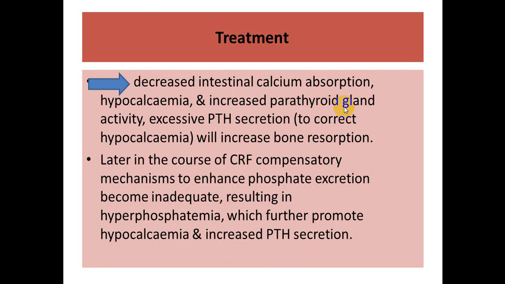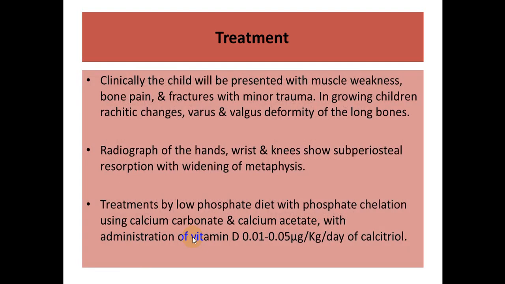There is an increase in parathyroid gland activity, with excessive parathyroid secretion leading to bone resorption. This is a vicious circle in chronic renal failure: the compensatory mechanism of enhanced phosphate excretion becomes inadequate, resulting in hyperphosphatemia. This leads to hypocalcemia and increased parathyroid secretion.